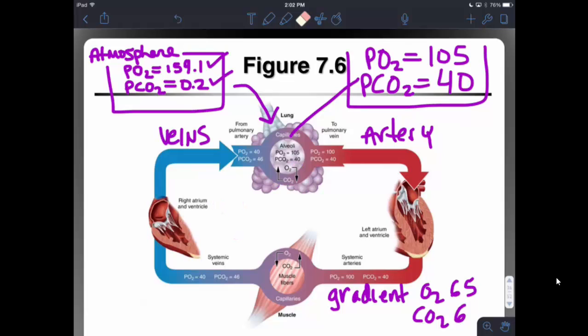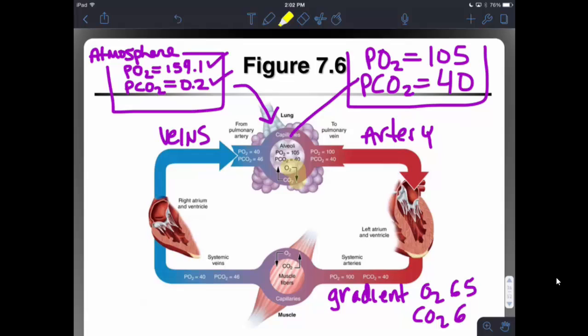So for now, you're just memorizing these numbers. Again, the numbers aren't as important, but you know that oxygen moves from the alveoli into the blood. Therefore you should know that the PO2 is going to be higher in the alveoli than in the blood.